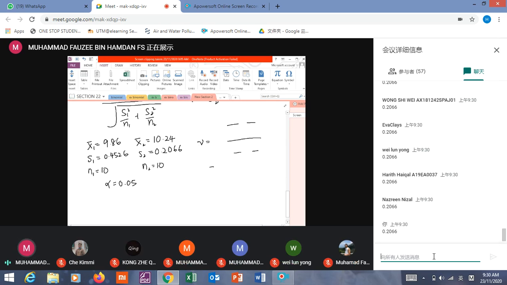Anybody get the degree of freedom for this case? Who has already calculated the degree of freedom? You already did it, you got 12.59.